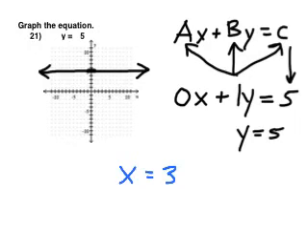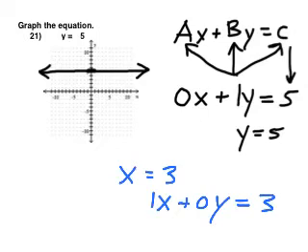The full equation would be 1x, that's our a, plus 0y equals 3, right? So the y term always gets canceled out by the 0. So the value of x is always 3. And where that is, right here. 1, 2, 3. Right here.